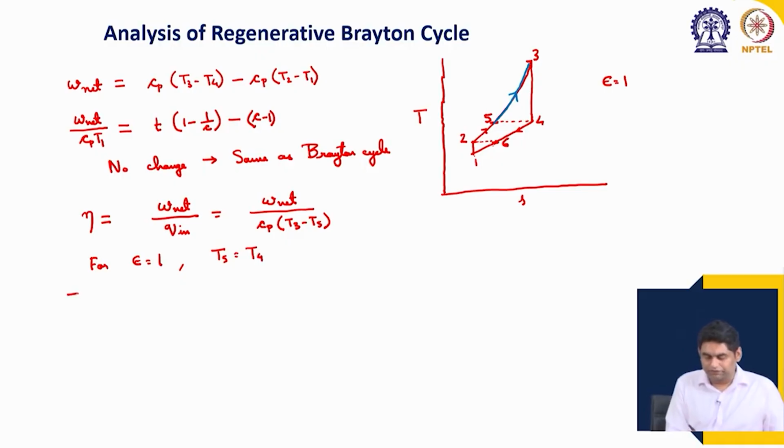So, we can simplify the efficiency expression to be equal to W net by Cp (T3 minus T4).